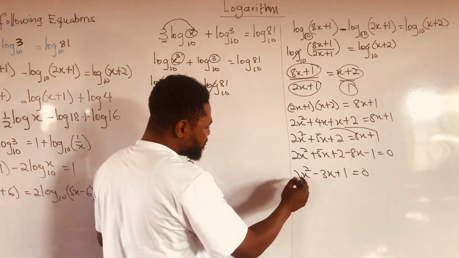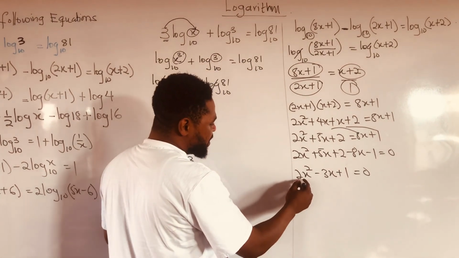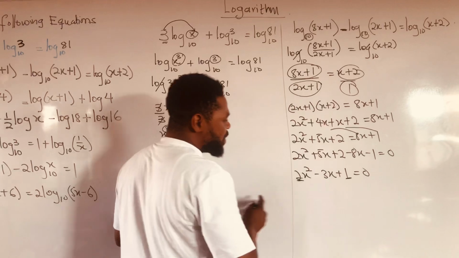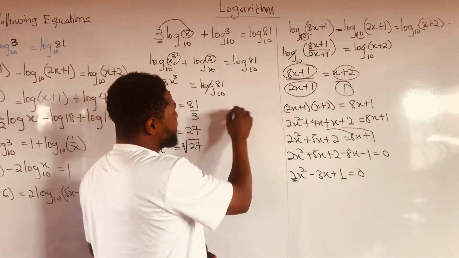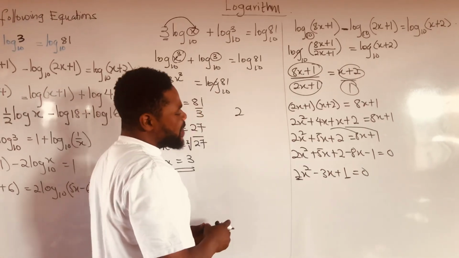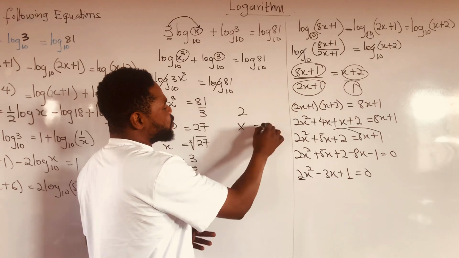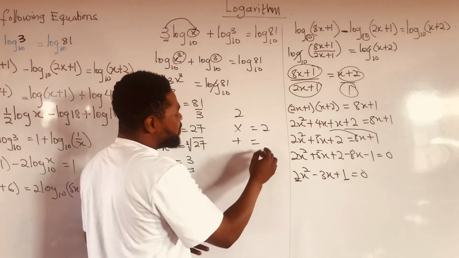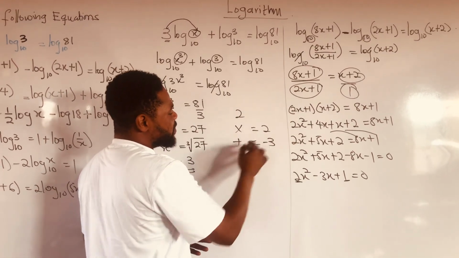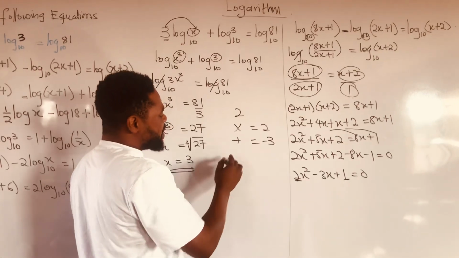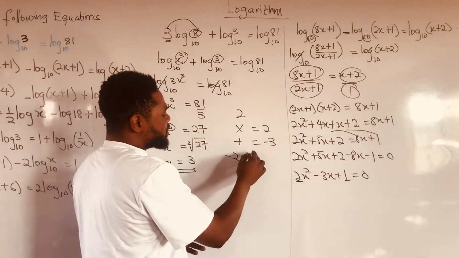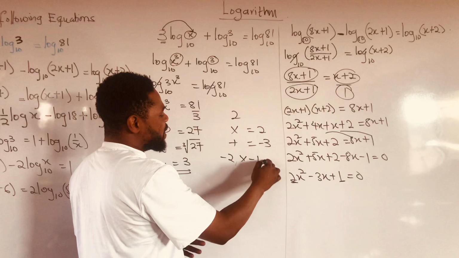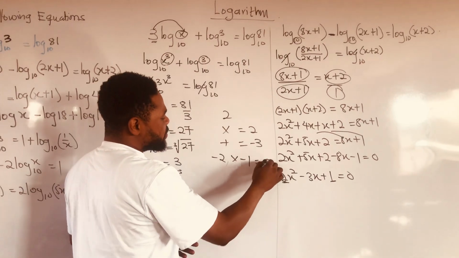We use the coefficient of the x squared to multiply the constant here, which gives us 2. Now, two numbers, when we multiply, we'll get 2. But when we add them, we'll get the coefficient of x here, which is what? Negative 3. And we are going to say that negative 2 times negative 1 will give us 2.